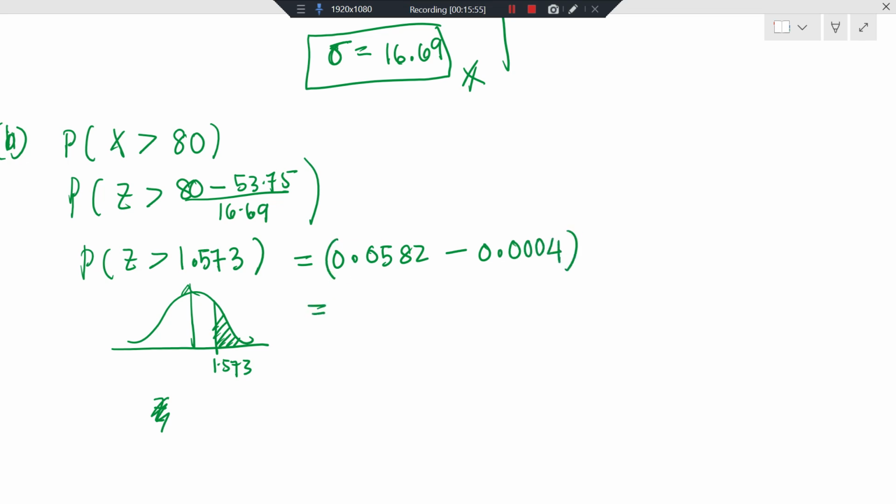Okay, then do this calculation. You should be getting 0.0578. Okay, this is in probability form.